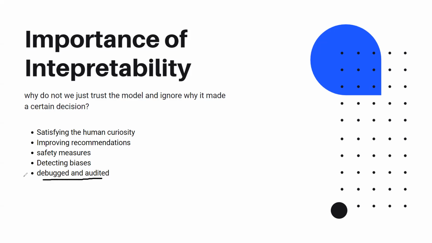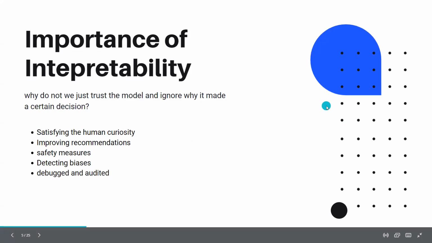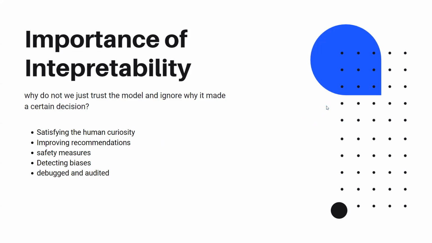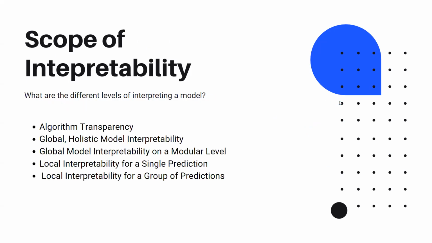And of course, debugging and auditing the model. So these are some of the importance and application areas of interpretability, and of having interpretable models or an interpretation algorithm, right? So something that takes a black box model and interprets it. There are different levels of interpreting.